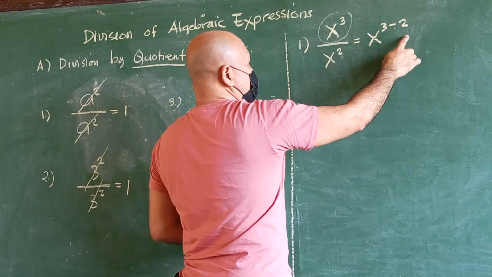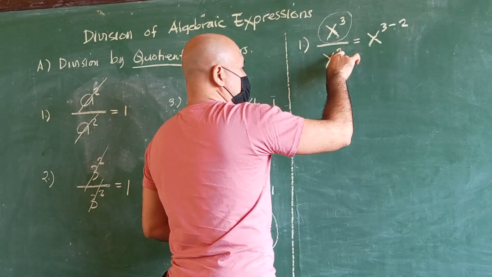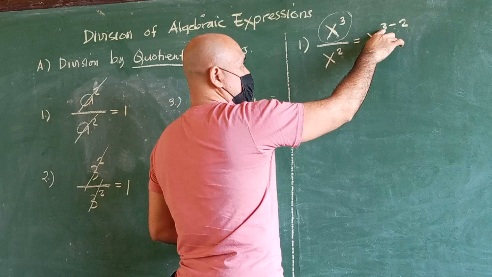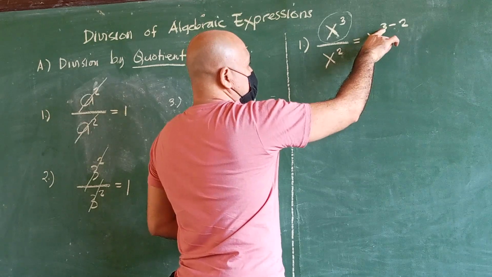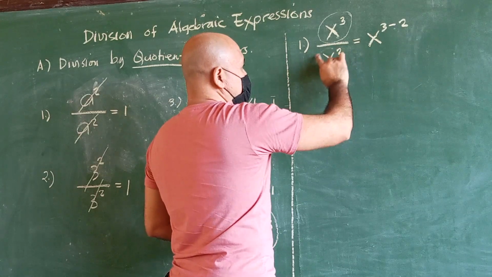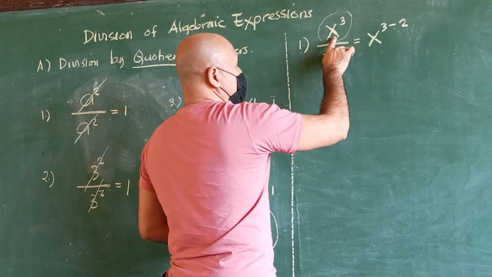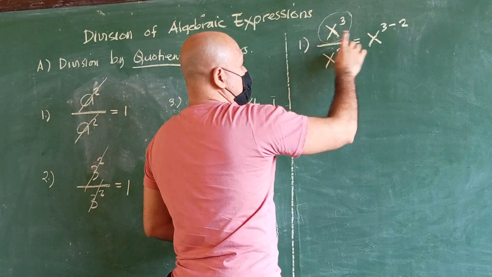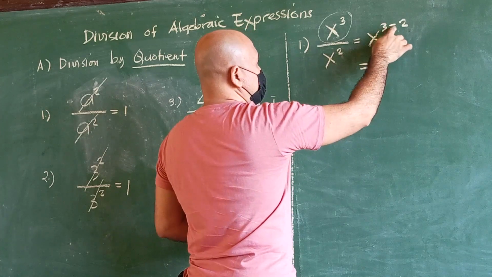By doing this, you are removing the variable in the denominator, so what remains is the variable of the numerator. That becomes x raised to the power of 3 minus 2.